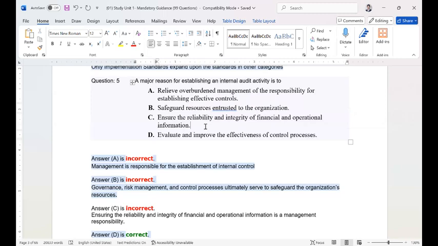Safeguard resources entrusted to the organization, that is also a management task. We might check whether there are proper controls to safeguard resources, but implementing such controls is management. We only assist management in safeguarding resources and ensuring reliability and integrity. Relieve overburdened management, that we can't do. That's a management thing.